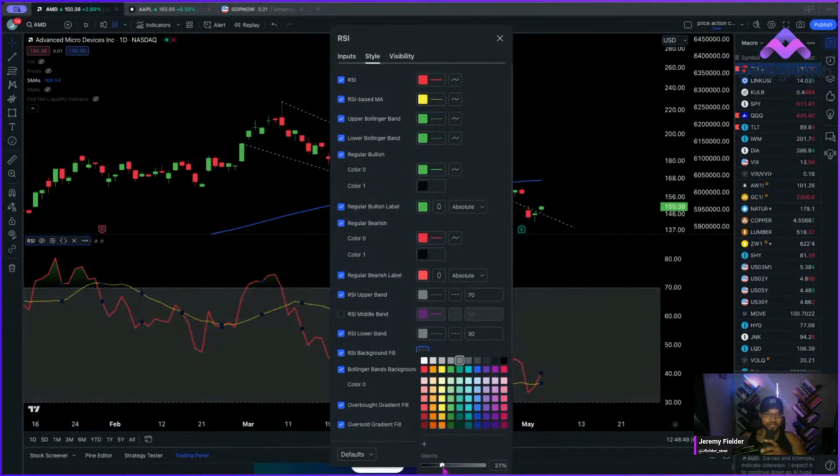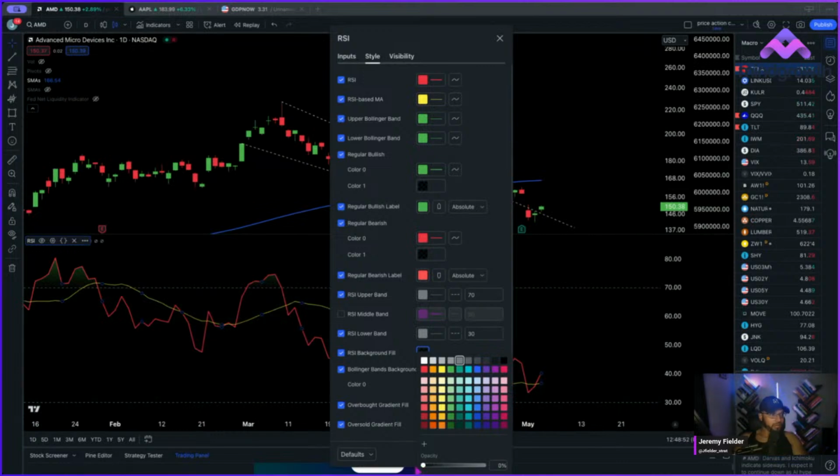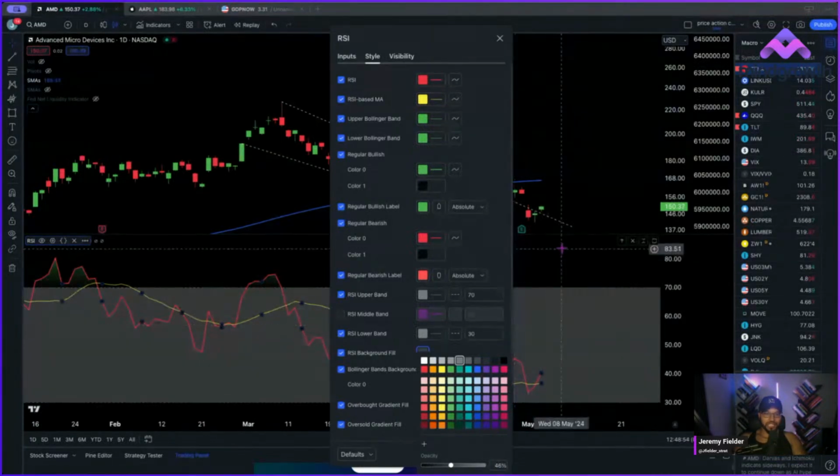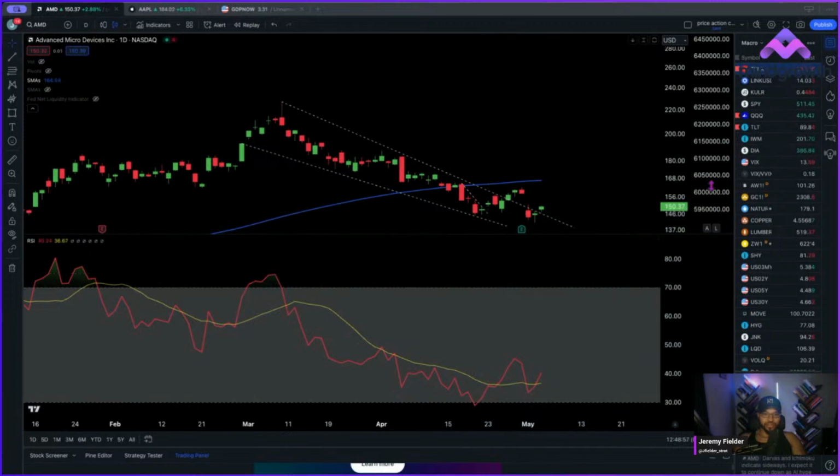Oh, you can't see it that good. I'll leave it like that for now. So yeah, you're getting some bullish divergence on AMD.